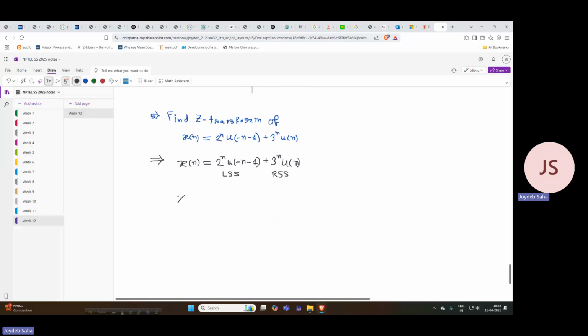So X(z) will be z upon z minus 2 plus z upon z minus 3.